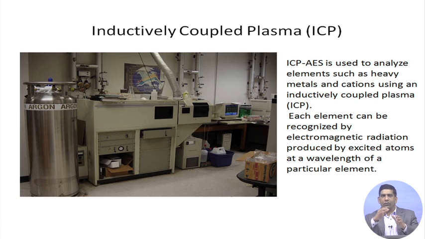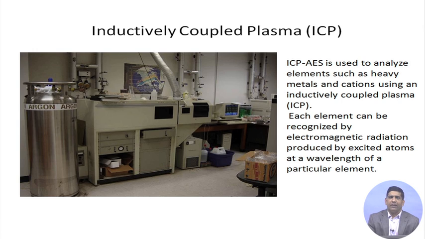When they go down, they release energy, and that energy, E, is equal to hc upon lambda, where lambda is the wavelength. The wavelength for each element is unique. Different elements have different wavelengths. In E equals hc upon lambda, c is the speed of light and h is Planck's constant.